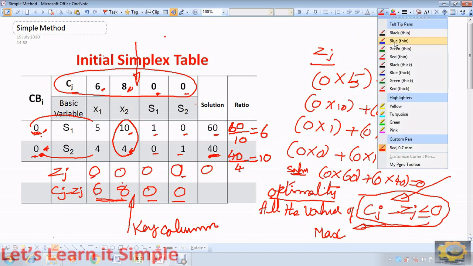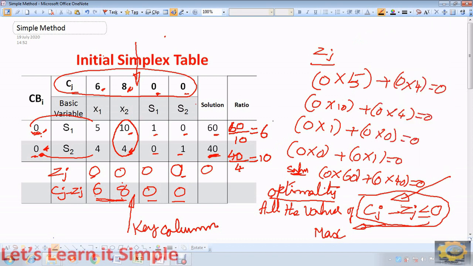So in the ratio column, we have 6 and 10. Among the values, we need to select the lowest value in the ratio. Among these two, 6 is the lowest. Therefore, this should be selected.